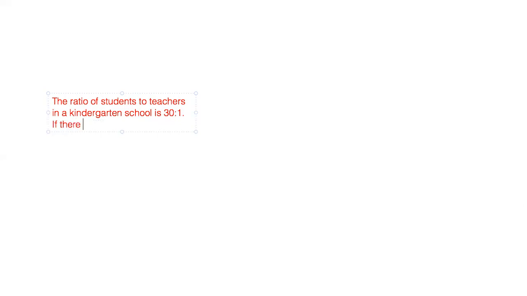If there are 8 teachers, what is the total number of people in the school? Okay, so the ratio of students to teachers in a kindergarten school is 30 to 1. If there are 8 teachers, what is the total number of people in the school?